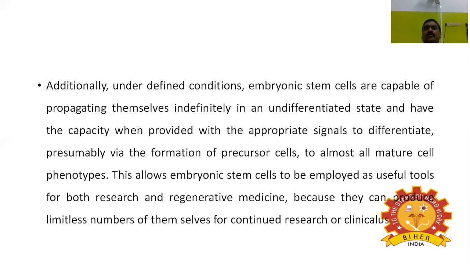Next, in continuation of the embryonic stem cells. Additionally, under defined conditions, the embryonic stem cells propagate themselves indefinitely in an undifferentiated state and have the capacity, when provided with the appropriate signals, to differentiate, presumably through the formation of precursor cells, into almost all mature cell phenotypes.